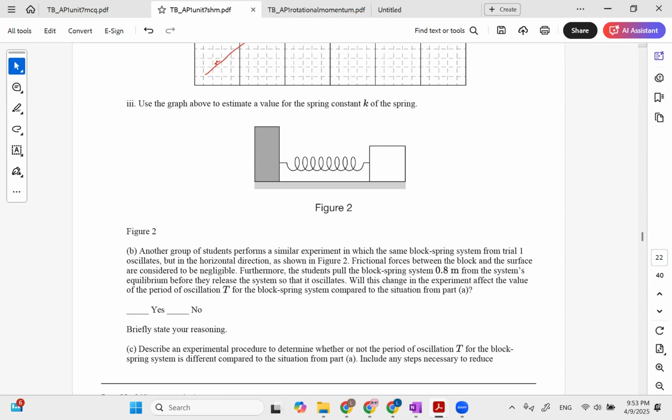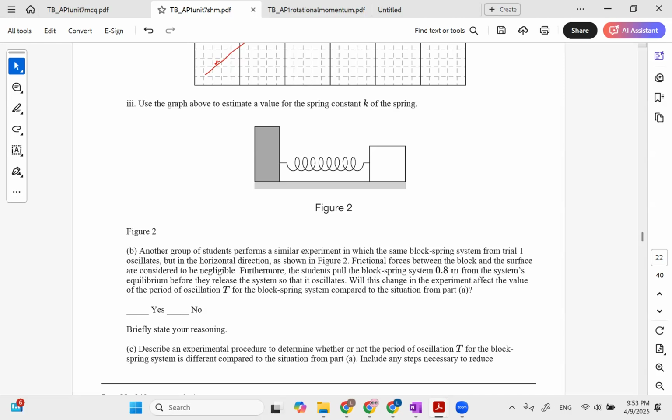The answer is no, right? Is it no? So how do you justify? State your reasoning. So amplitude doesn't affect the period.